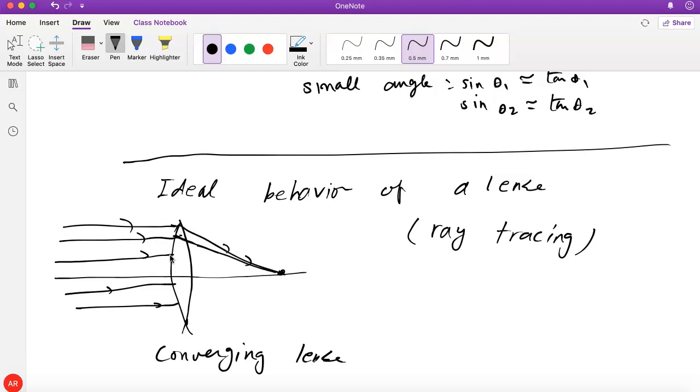So that's an ideal behavior that emerges in a certain limit. And this point is known as the focal point.